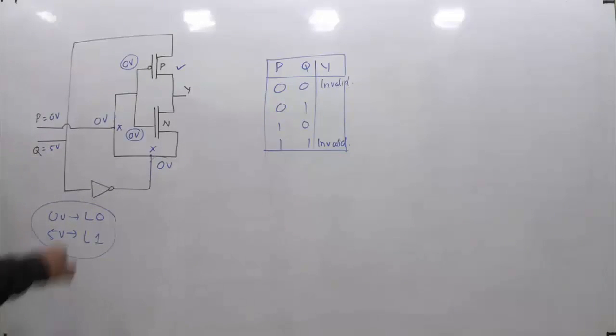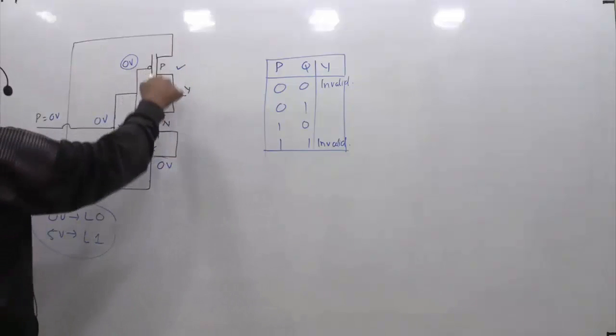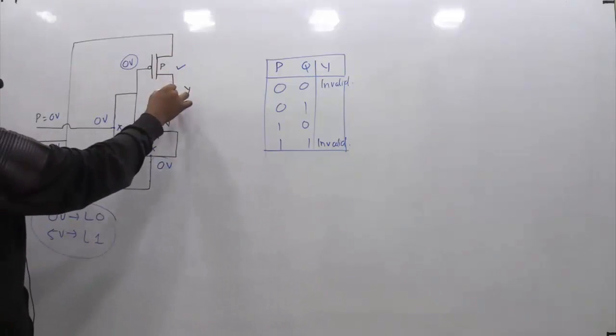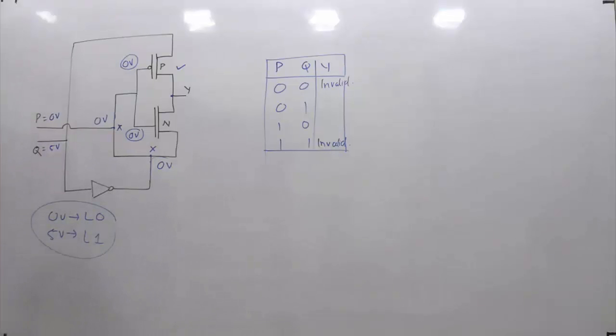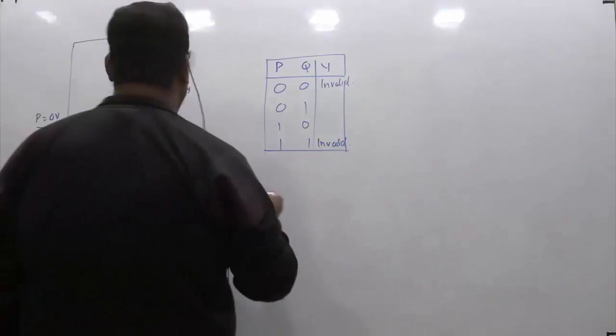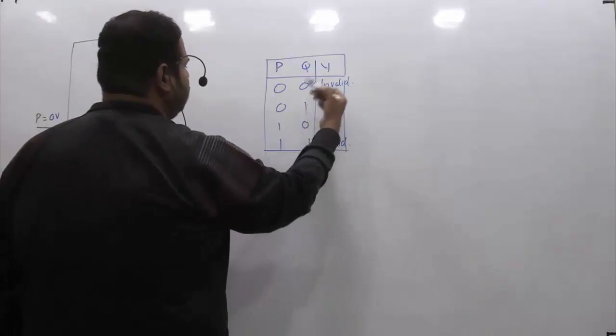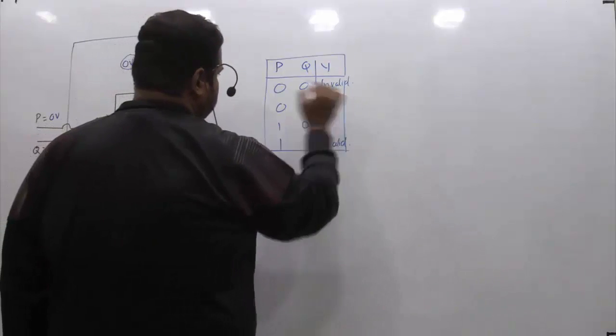Obviously if PMOS is on, this will behave like a short circuit, and this node voltage will be the same as the voltage it is shorted to. So you'll get 5 volts here. Are you getting it or not? So 0 volts in and 5 volts means the output will be 5 volts, which corresponds to logic 1.